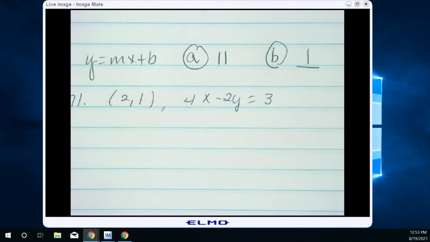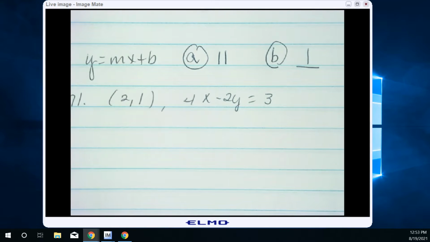So now, what do you have? Lines. You have a line. What does the equation of this line give me? Why do I need this one? So you can get the slope.